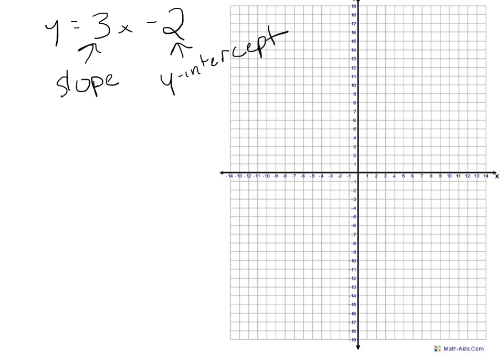Here's how this works. It truly is very, very easy. We know that this line right over here is our y-intercept, our y-axis. So when it says y-intercept, this number right here is where it intercepts that line. So we're going to put this at -2.